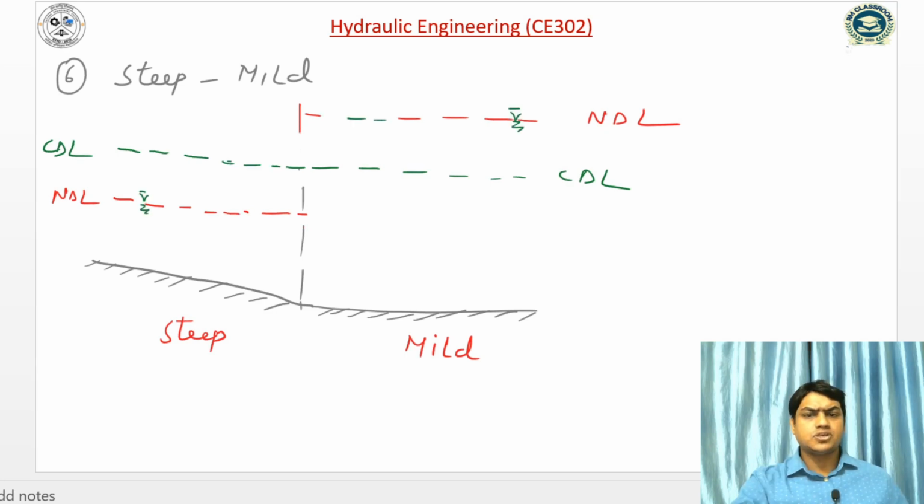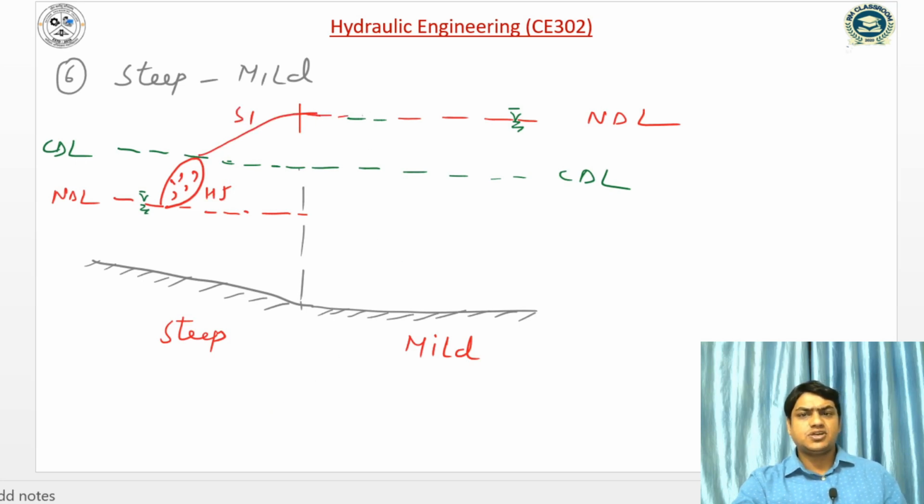So there are two possibilities. Either when flow changes from supercritical to subcritical, it will form a hydraulic jump. So let us assume this is the hydraulic jump. This is the hydraulic jump, and then it will move like this. This is S1, and it will reach the NDL.